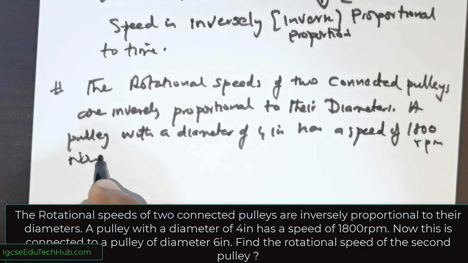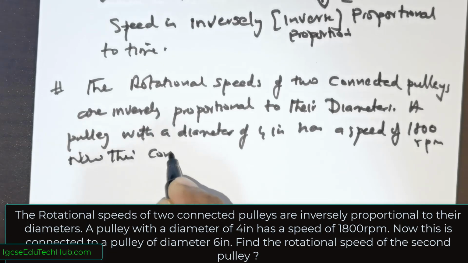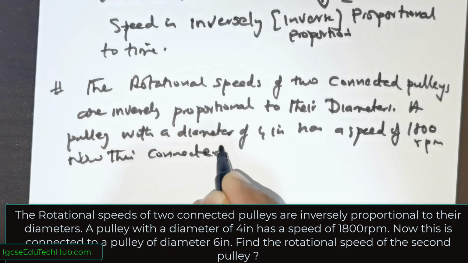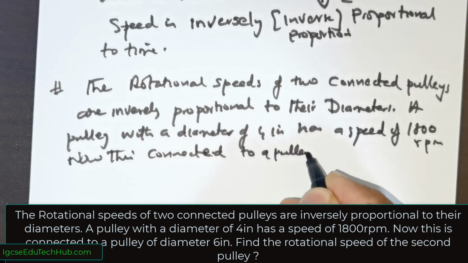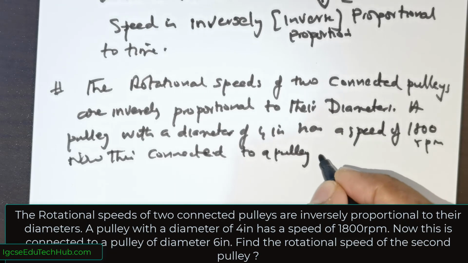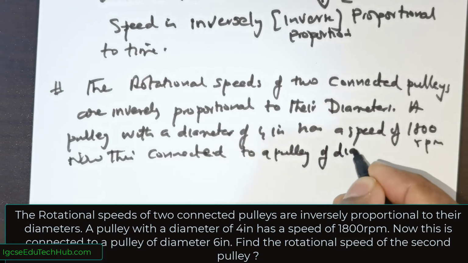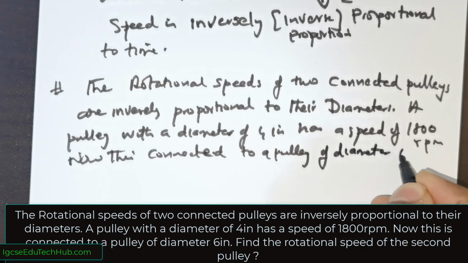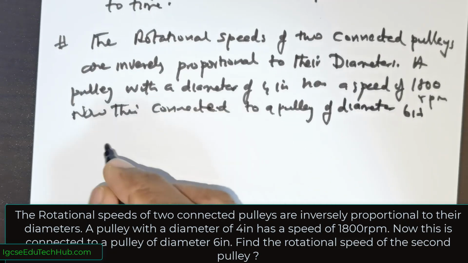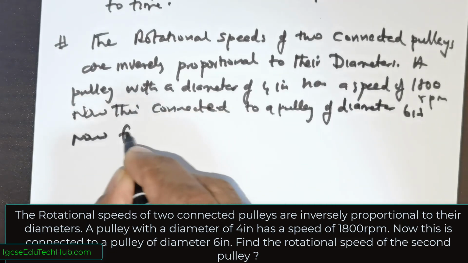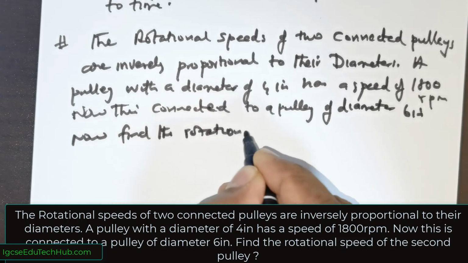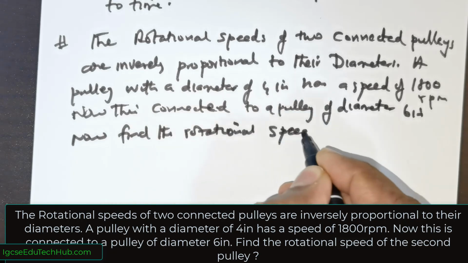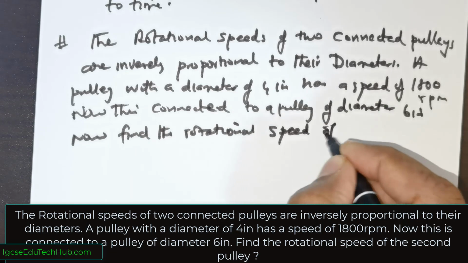Now this is connected to a pulley of diameter 6 inches. Now find the rotational speed of the second pulley.